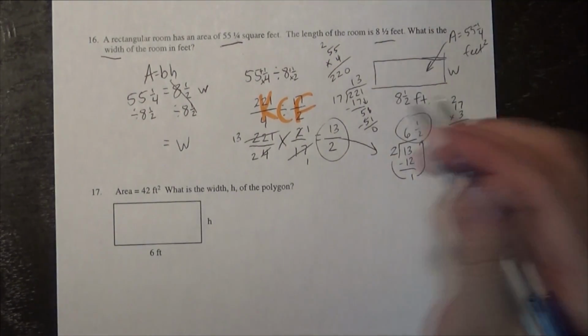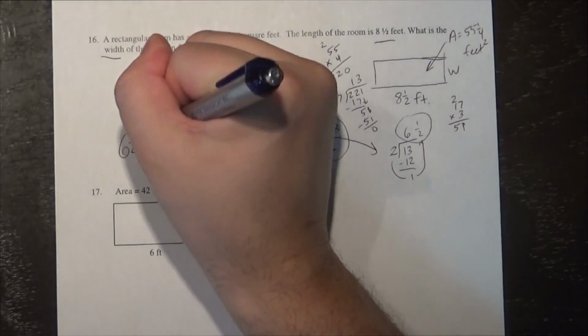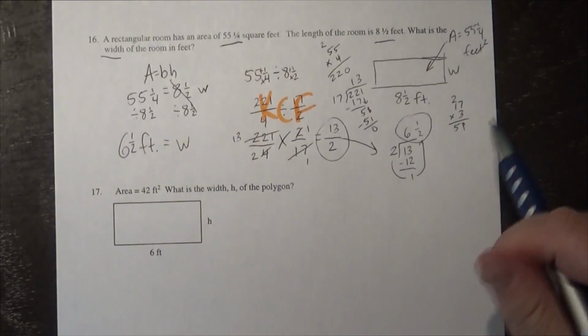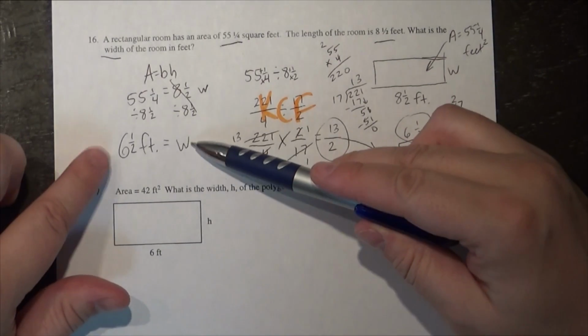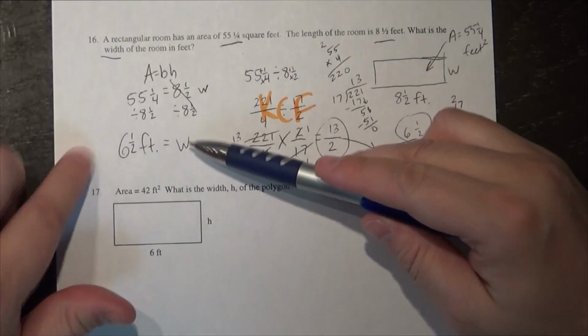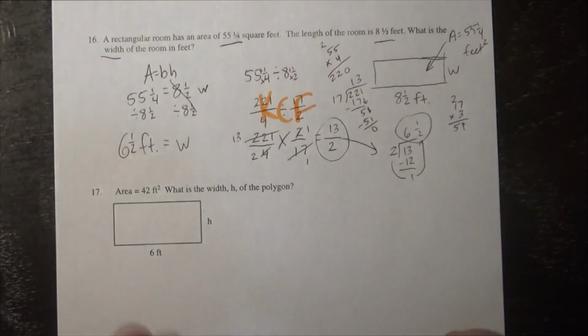So my answer is really 6.5. And my label, of course, is feet. So I did all this work over here to get my answer of 6.5 feet. Of course, I can plug that in and check just to make sure, if I'm not really certain that's the right answer, and that would tell me if I am correct or not.